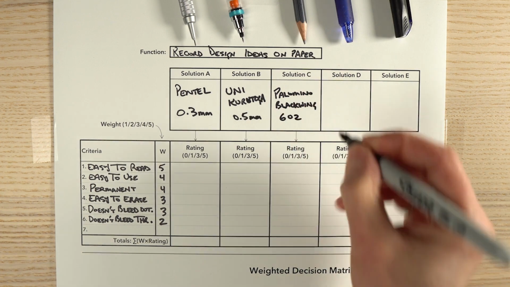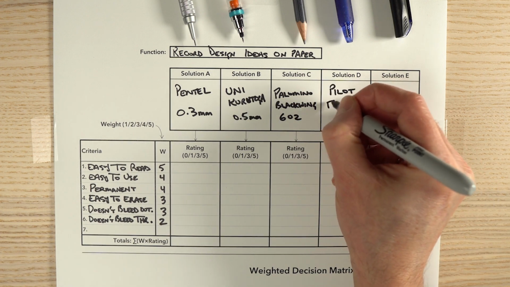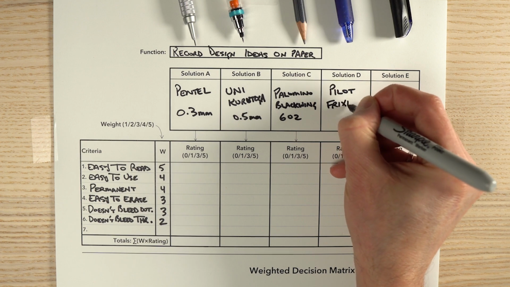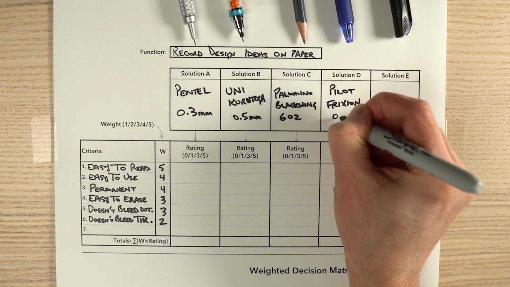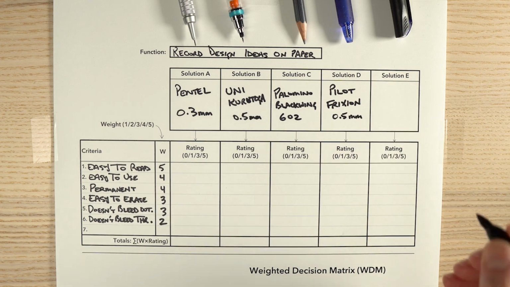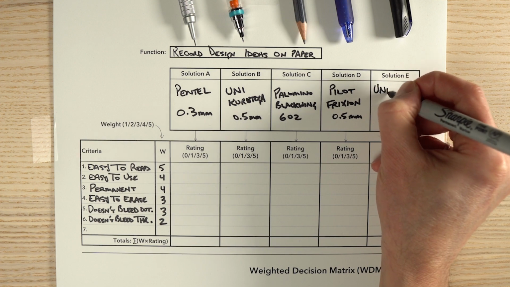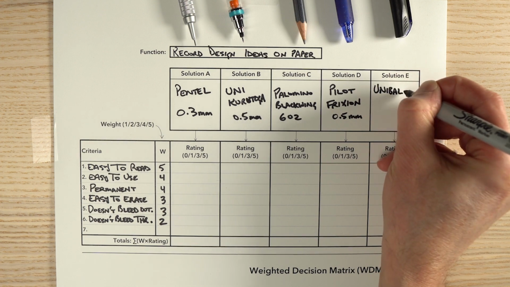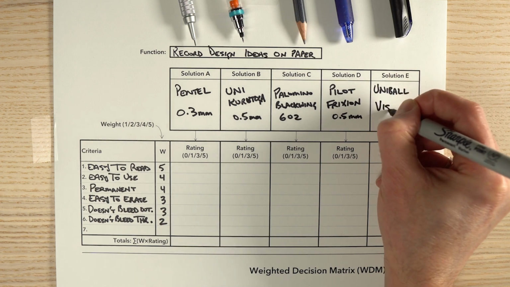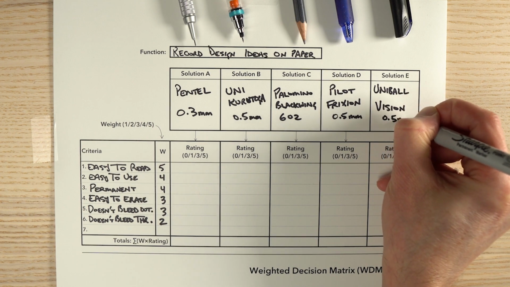Fourth is the Pilot Friction, 0.5 millimeters. And the last is the Uniball Vision Needle. Also 0.5.